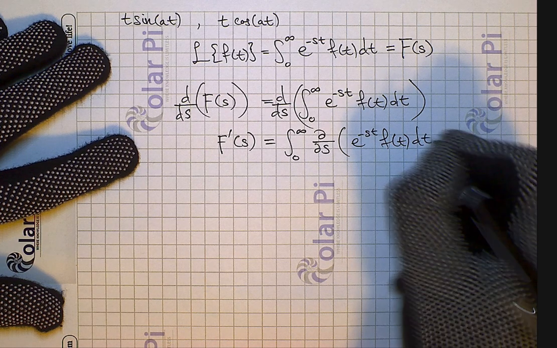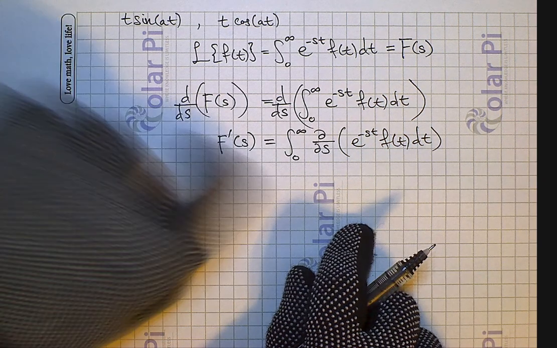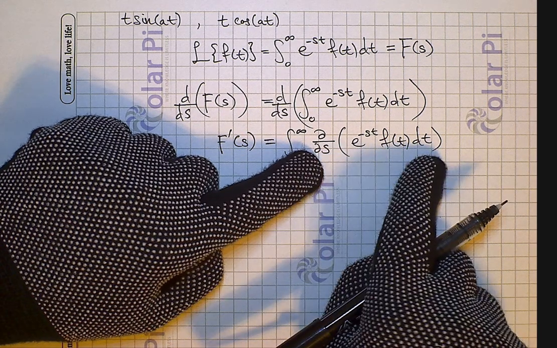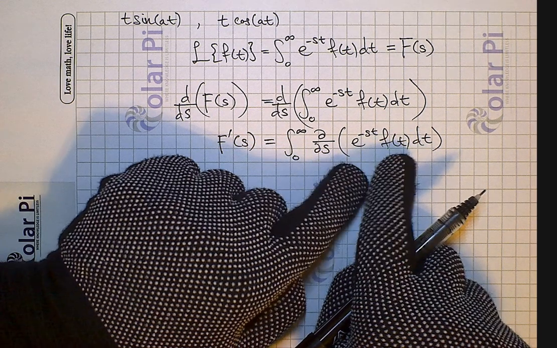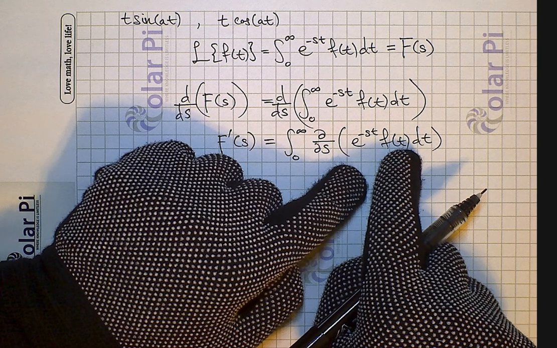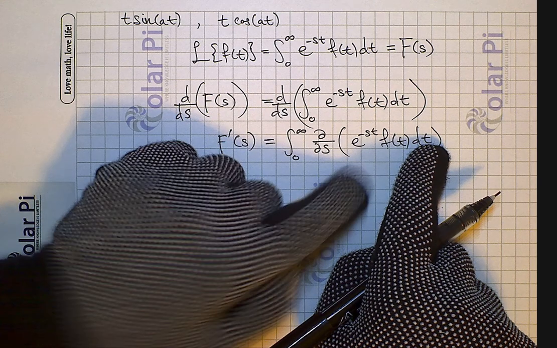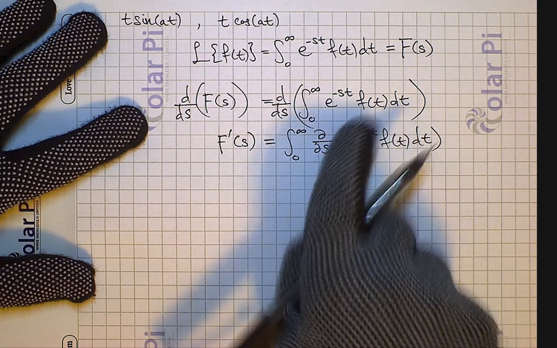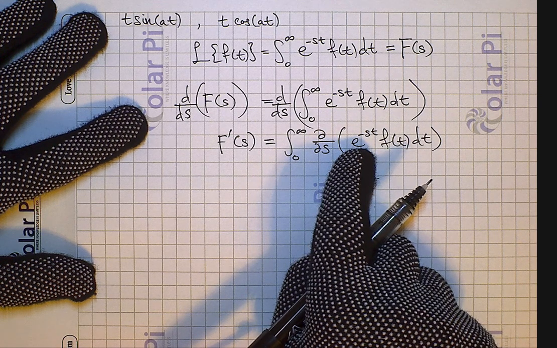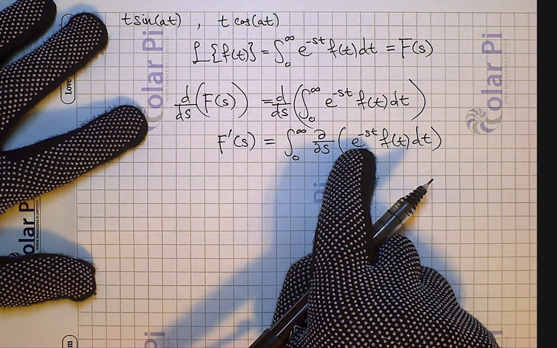Now, I'll remind you that partial derivatives treat all other variables as constants. That means that since we're doing the partial with respect to s, f of t is a constant and dt is a constant. So the only thing we'll need to worry about is this quantity e to the negative st. And the derivative of that is negative t times e to the negative st, right?